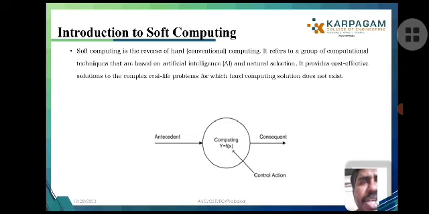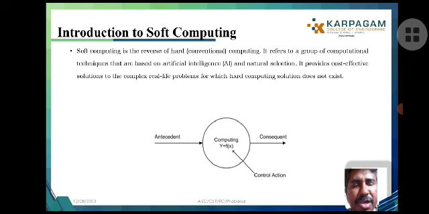So generally, what is soft computing? In a computer system, normally the computer gets input from the user. The user provides the input via input devices, and the input devices transform the input received from the user, and the transformation is done via signals or broadcasting to the processing unit.